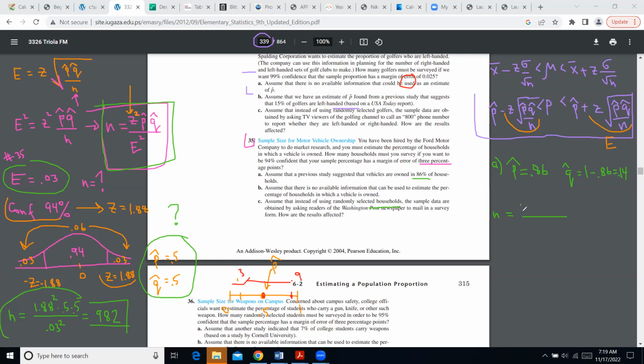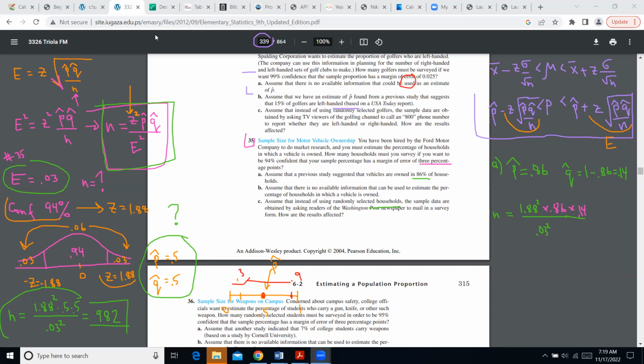So I put 1.88 squared on the top and 0.03 squared on the bottom. But now I'm going to replace these 0.5 and 0.5 with times 0.86 and times 0.14. And we'll see that definitely we're going to have less sample elements to deal with to produce that same level of error.